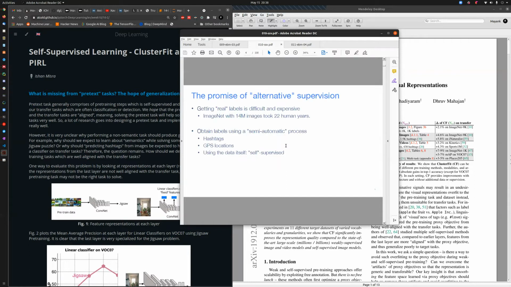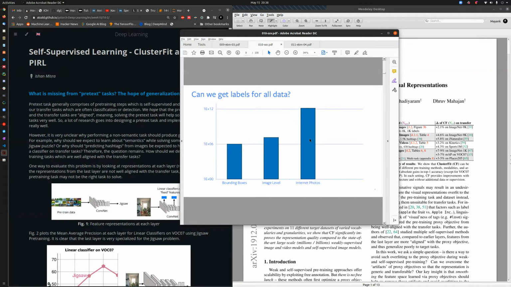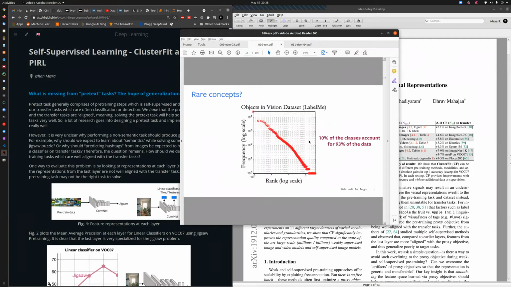And what is self supervision? It's kind of semi-automated, and it will try to have a kind of self-annotated scheme that can be used for labeling images or objects in it, or videos or other complex representations.